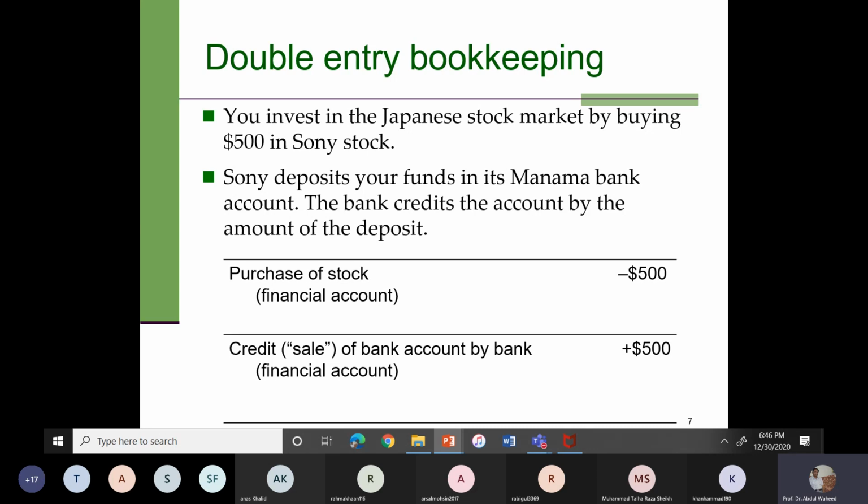Now again, there would be a plus $500, because this Sony company will deposit your fund in your country's bank. Okay, so if you are Bahraini, then maybe a bank in Manama, or if Pakistani, then a bank in Islamabad or Karachi. And then the bank credits the account by the amount of the deposit. So again in the financial account there will be an entry of plus $500.